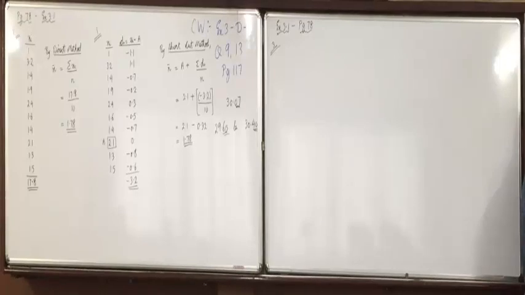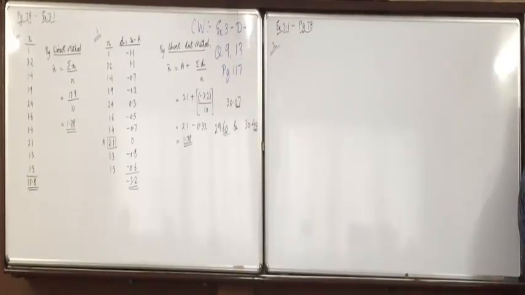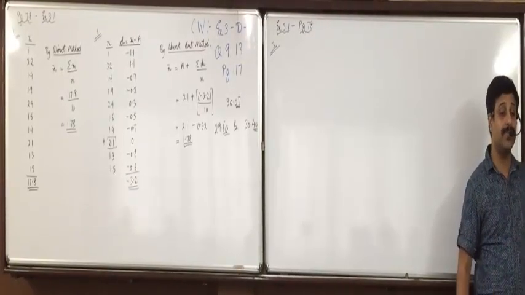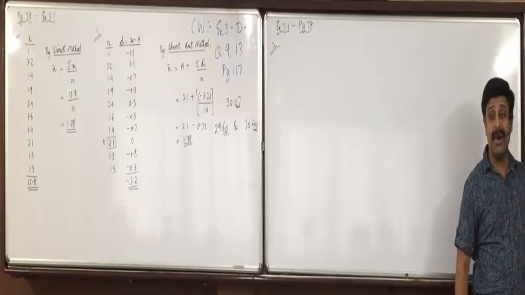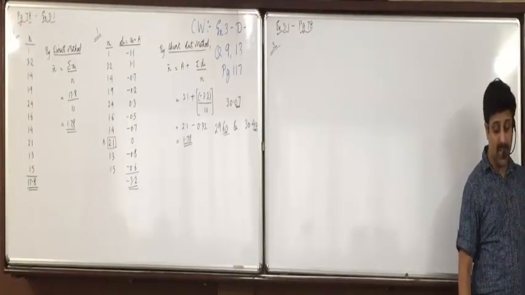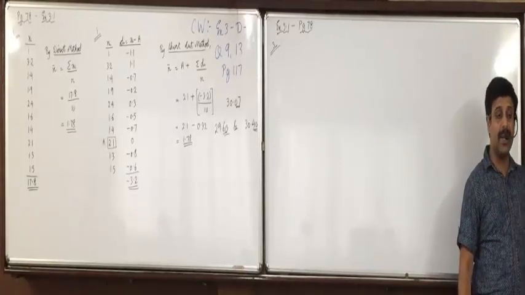The following table gives the diameter of different screws selected from a large assignment. Find the mean diameter. Diameter of screw and number of screws. Can you see observations and frequencies are given? Which one is observations and which one is frequency? Diameter is observation, marked as Xi. Number of screws is frequency, marked as Fi.